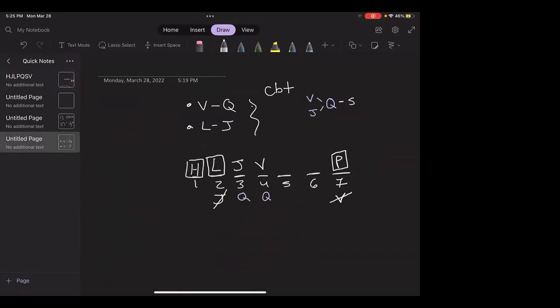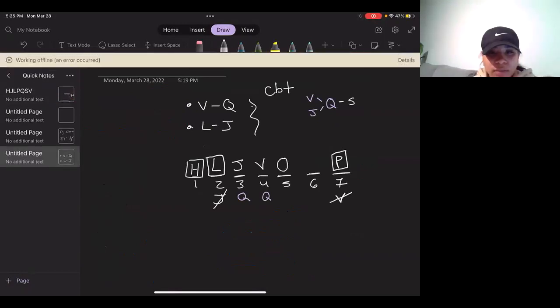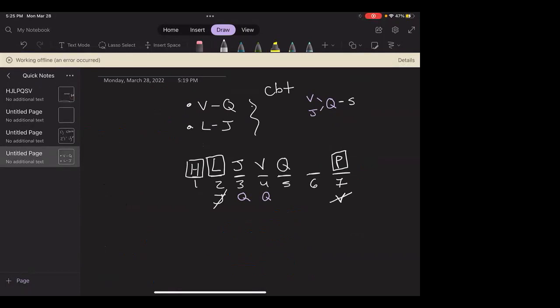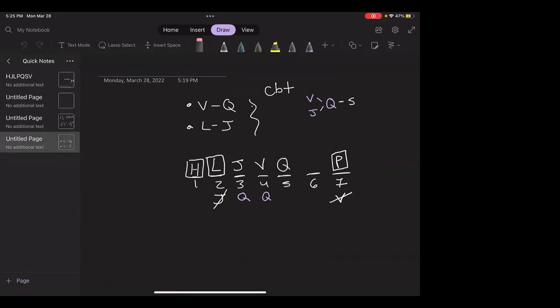So Q has to go where? 5. Yes. Meaning S has to go where? 6. Yes. Perfect. Now we know who's fixed. Let's talk about where they could go, right? J and V. They're the only ones not boxed, right?